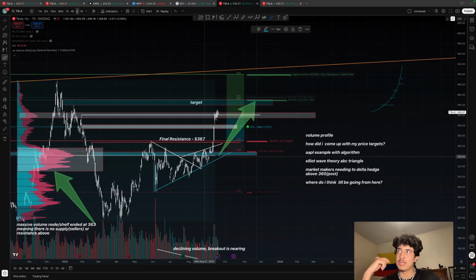That just adds fuel to it, and then you have retail chasing, and systematic positioning closing short positions and buying if they're running trend following strategies. The mechanics of the market go so unbelievably deep beyond just support and resistances. There are so many underlying factors that play into every single one of these moves.